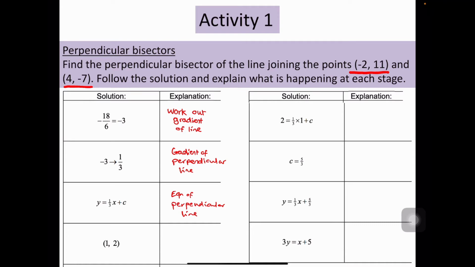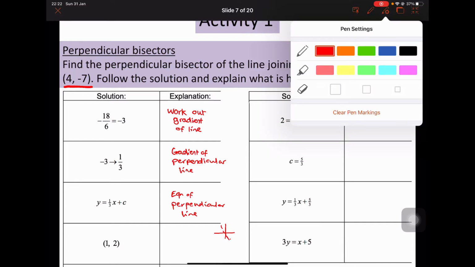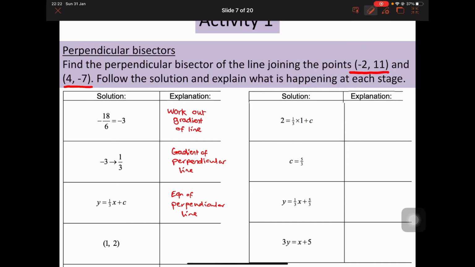What does that mean? Well, let's sketch our graph. So -2, 11 is here, roughly. 4, -7 is here. So let's just say this is our line. Actually, that's not a very good drawing. Okay, so that's a rough sketch of our line.